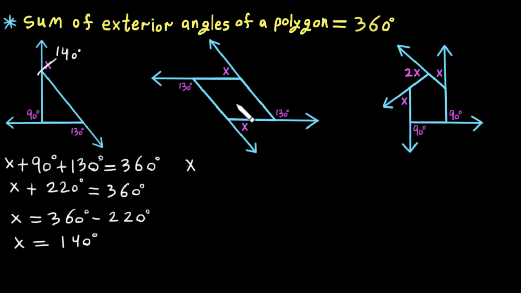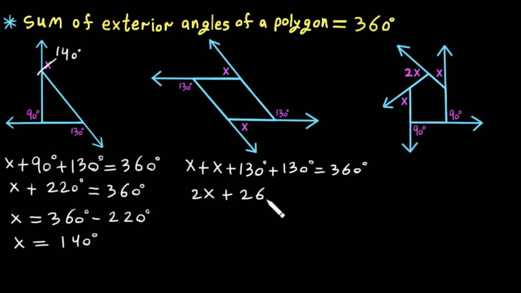So x plus 130 degrees plus 130 degrees equals 360 degrees. Now if we sum these two, x plus x is 2x, plus 130 degrees plus 130 degrees, which is 260 degrees, equals 360 degrees.